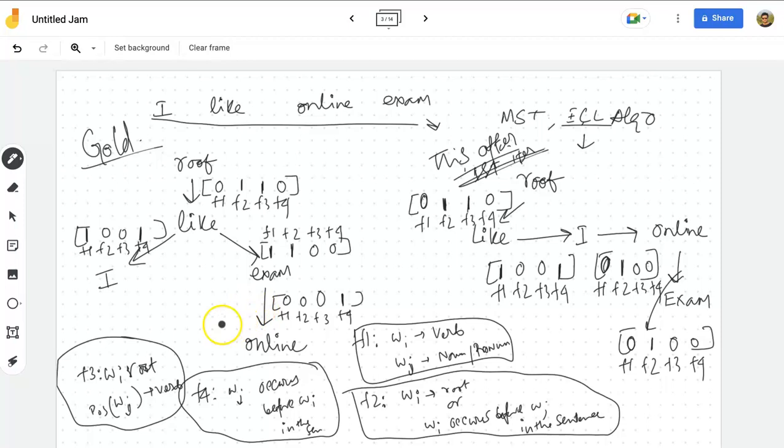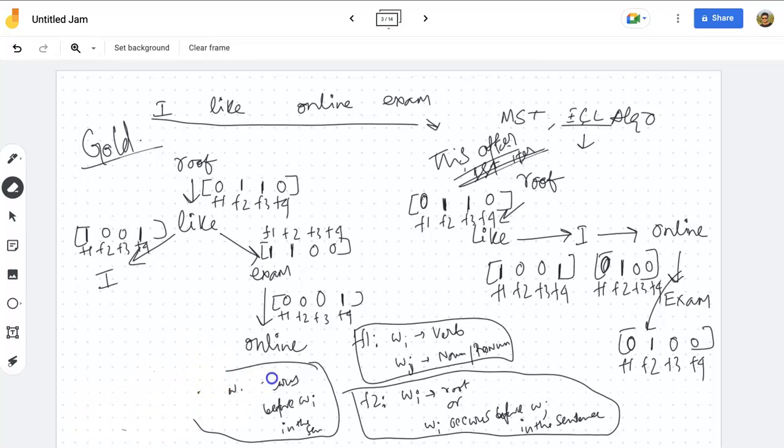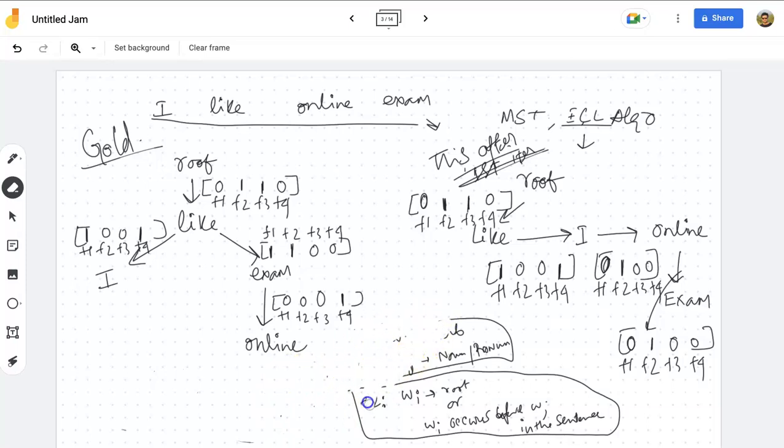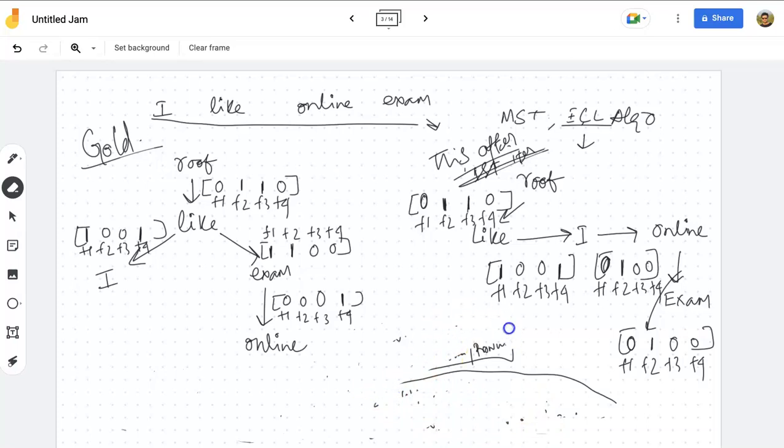Now what is the step? So just remove this. Okay.